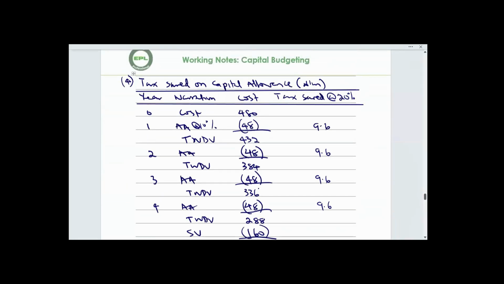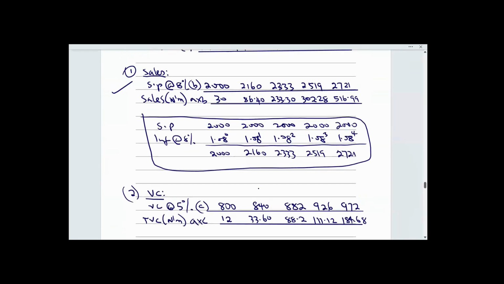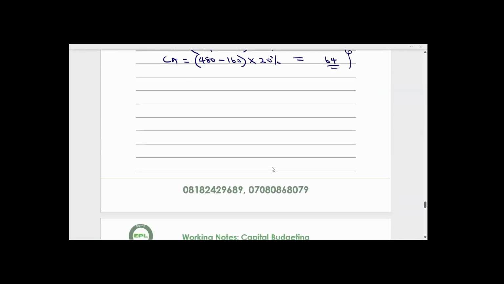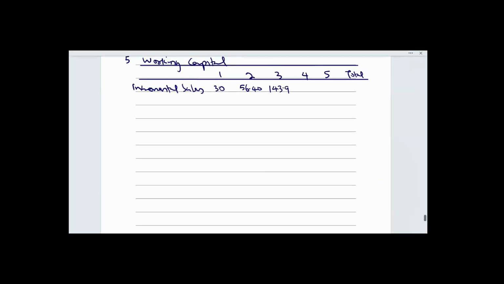In year 3, sales has increased from 86.40 to 233.30. So let's determine the difference. 233.3 minus 86.4. That's 146.9. Okay, year 3 incremental sales is 146.9.